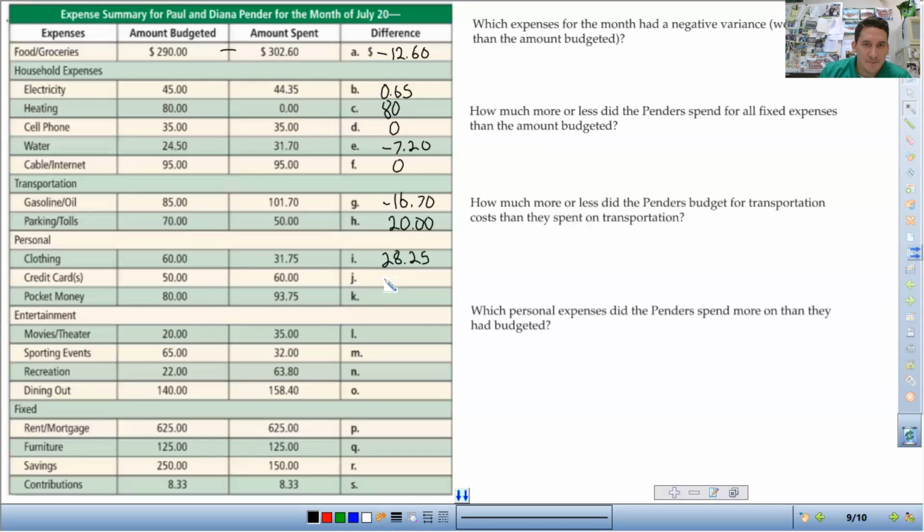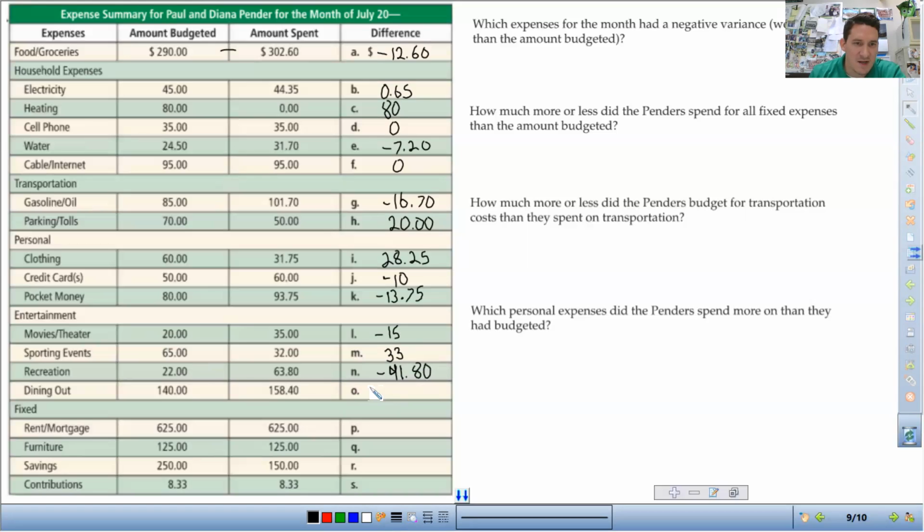50 minus 60 is a negative 10. 80 minus 93.75, that is a negative 13.75. 20 minus 35, that's a negative 15. 65 minus 32 is a positive 33. 22 minus 63, that's going to be a negative 41.80.